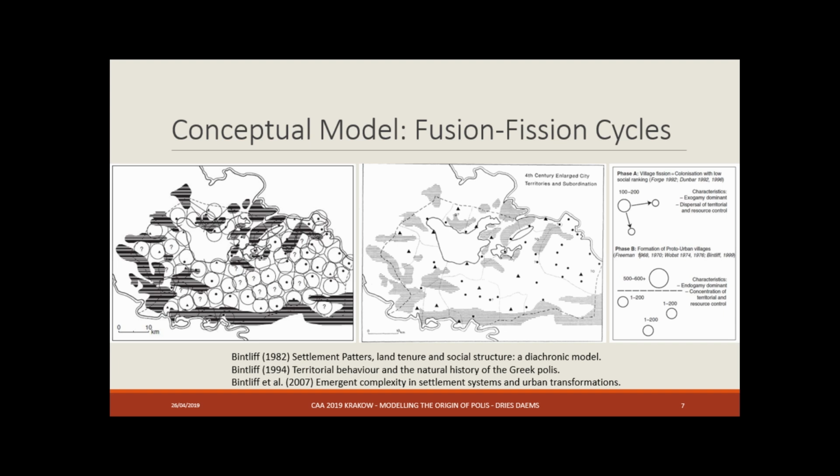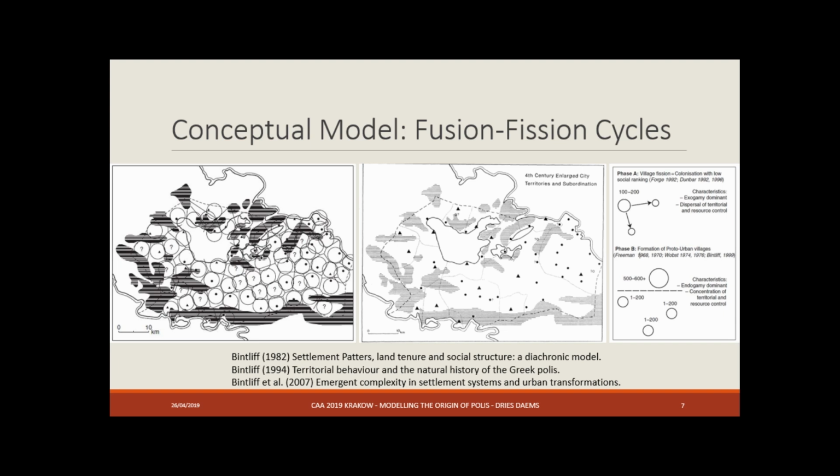The idea was that certain elements, such as the limits to information processing, actually induced these villages to split up as soon as the communities started to grow too large. Some of these elements have been addressed by earlier speakers as well, so I don't have to go into too much detail.